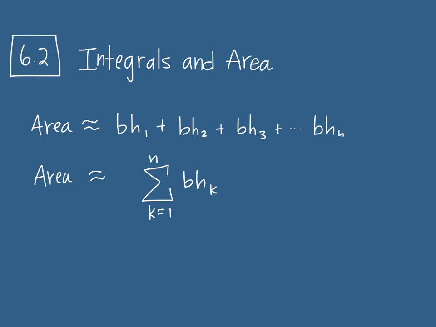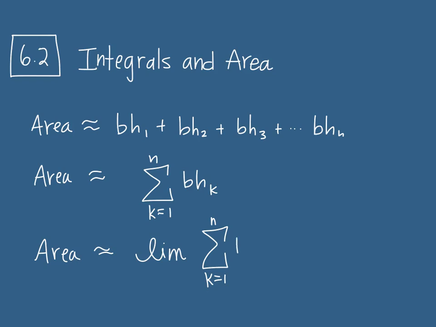So that's another way to write that a little bit more elegantly. That is the sum of the constant base times all of those different varying heights as the subscript goes from 1 to n. And what would we like n to be in an ideal world? We'd like n to be infinity. And so then we write, so the area is approximated by the limit of the sigma as k goes from 1 to n of b h.